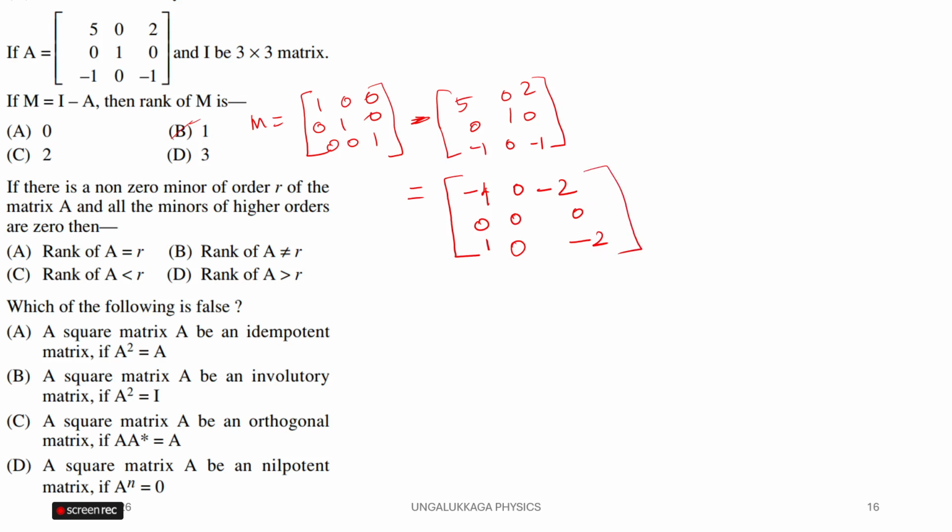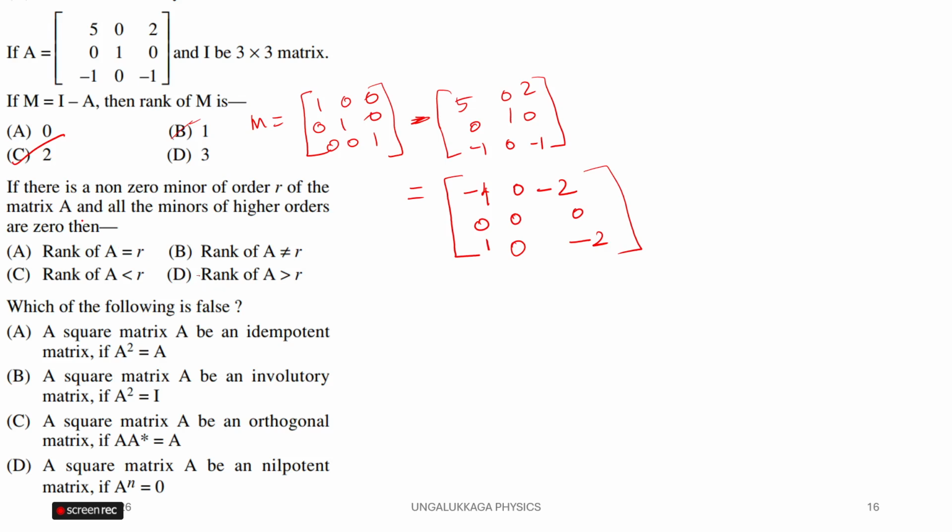So in this case it is a 2 cross 2 matrix, and these two rows are unique. So the answer is 2.